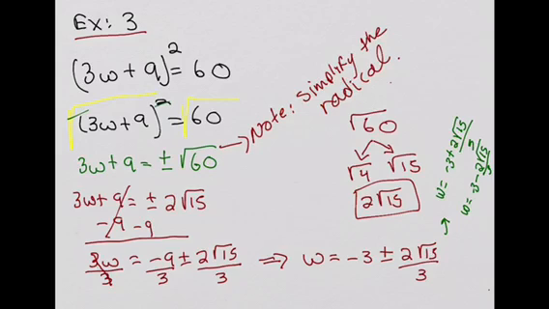You might want to say negative 3 plus 2 gives negative 1, but again, the 2 is together with the 15. So negative 3 and 2 square root of 15 are not like terms. Therefore, we cannot put them together. So those are your two answers.